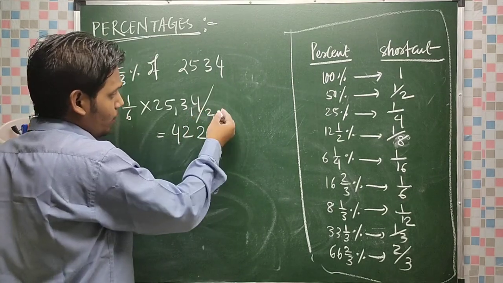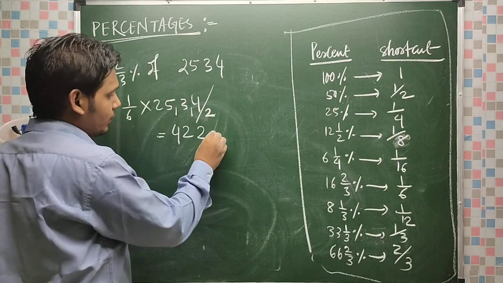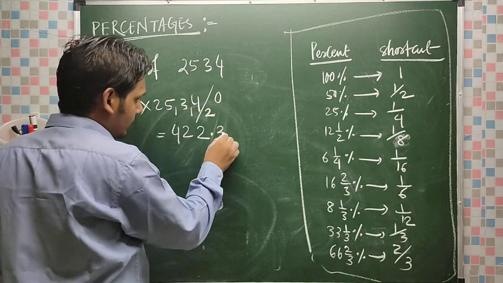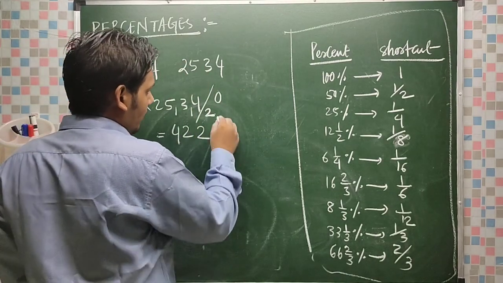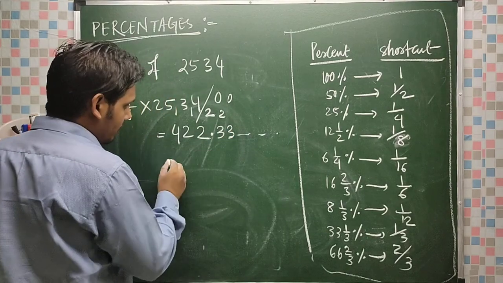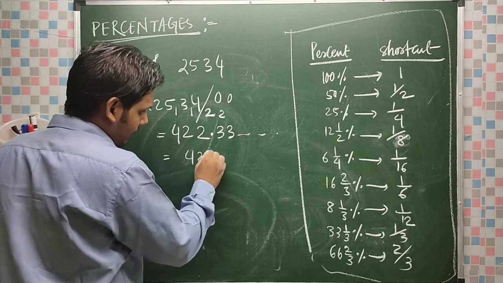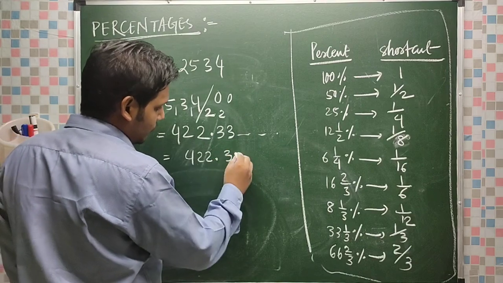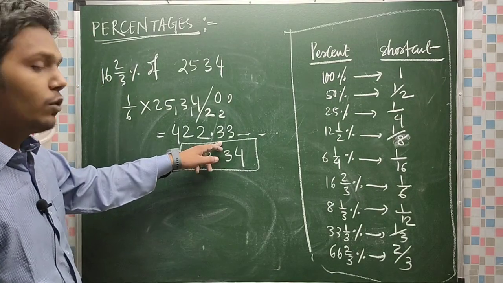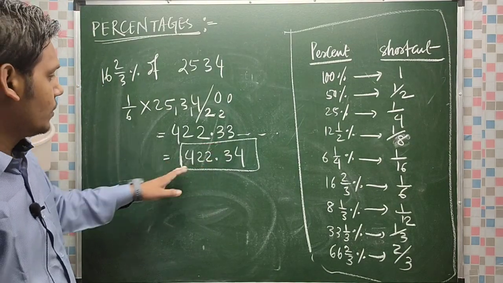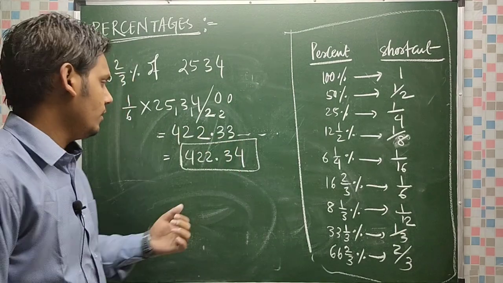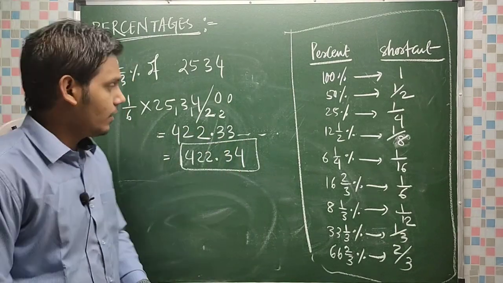Now the remainder is 2. And after 4 no digits are there, so you have to keep a decimal here. Now I can take 0, 6 3 18. Again 2 0, 6 3 18. So this 3 will continue. So instead of writing so many 3s, simply you can write 422.33. This is the answer. That means it will be a non-terminating decimal. So we don't need to put a bar over 3. Simply you can write 422.33.